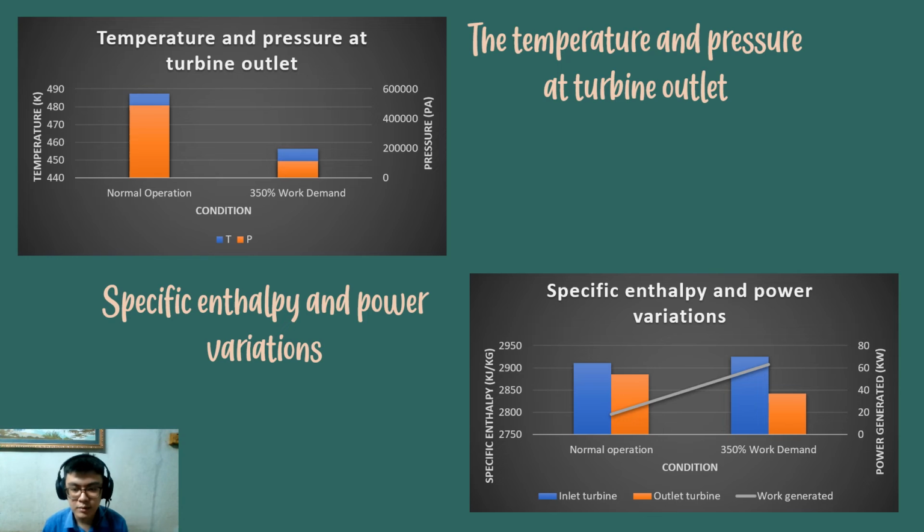This is because the power generated by the 350% work demand is larger than normal operation by 350%, which means it has 63 kilowatt power generated. Meanwhile, the normal operation has a 18 kilowatt power generated, which sums up the difference between the enthalpy and the power variations.